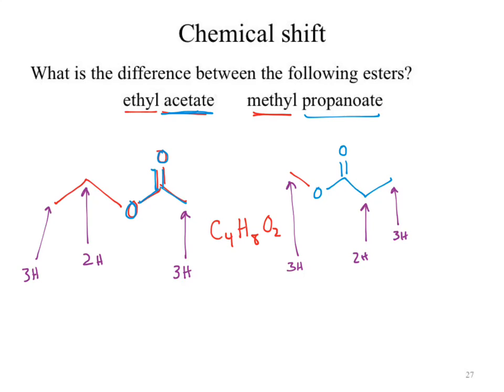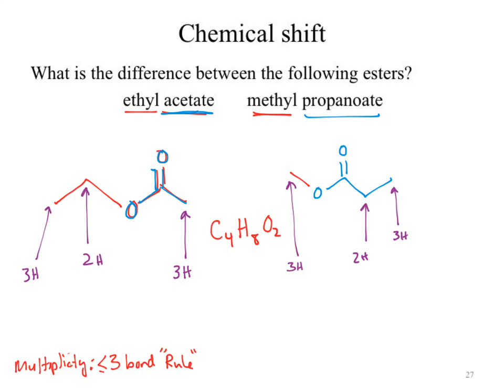Maybe it's something to do with the splitting pattern. So let's take a quick look at our splitting pattern. When we're looking at multiplicity, there's a couple things we need to take into consideration. We have a 3-bond rule, which I'm going to put in quotes because it's not really 3 bonds.